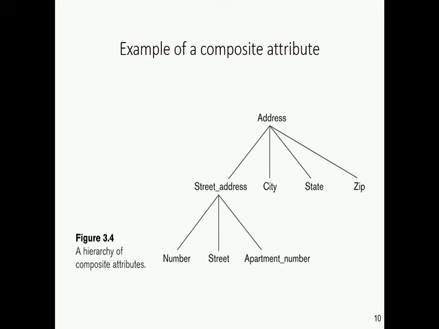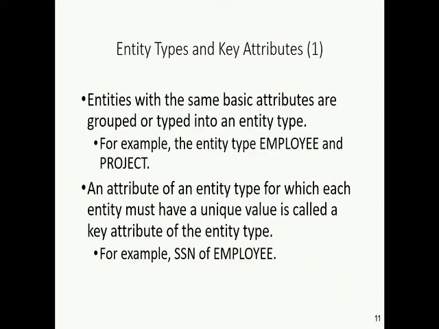Okay, so if we were to draw out the hierarchy, we have address made up of those. A lot of times we have drawings like this just to show how it lays out. All right. Entities with the same basic attributes are grouped or typed into an entity type.